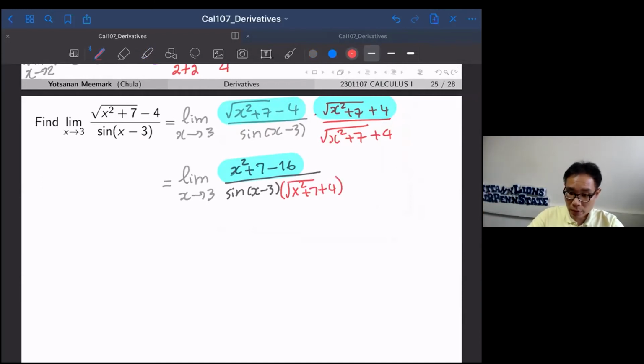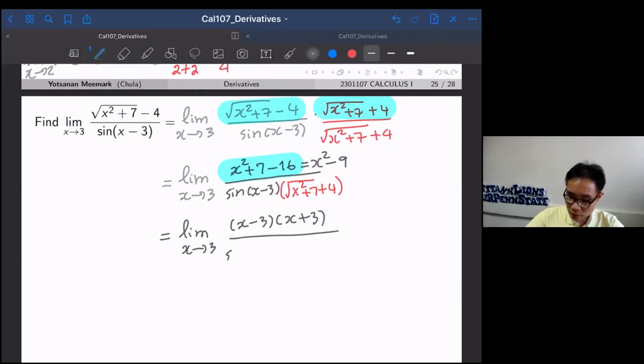The limit as x goes to 3. And the numerator turned out to be x squared minus 9, which can be factored as x minus 3 times x plus 3, over sin x minus 3, times the square root of x squared plus 7 plus 4.